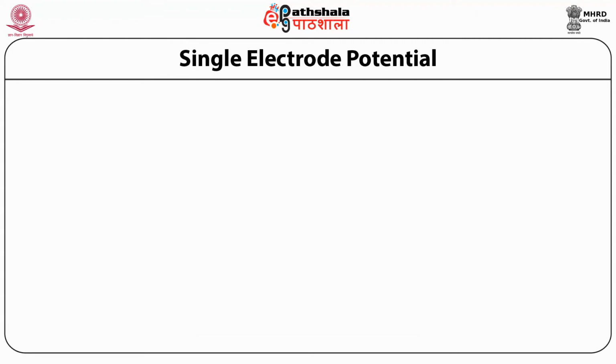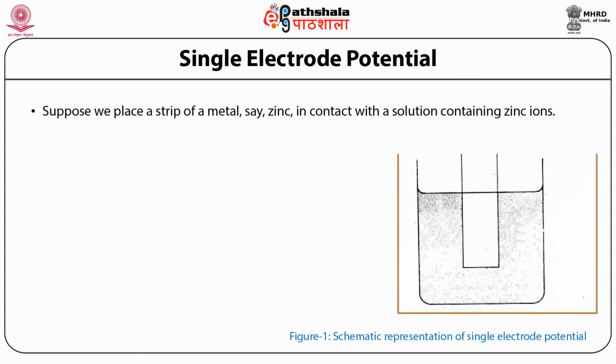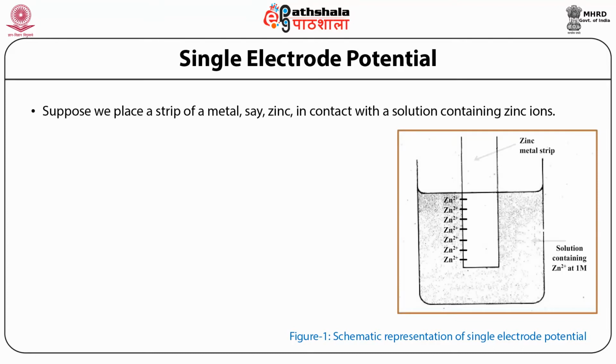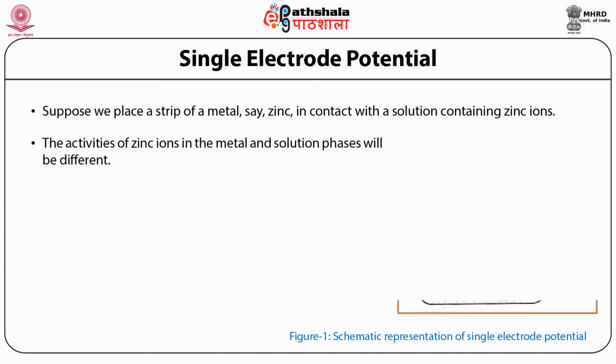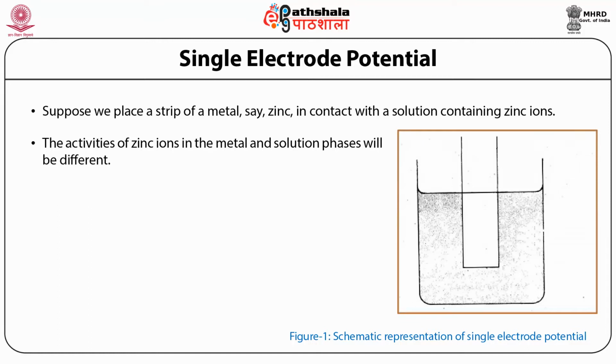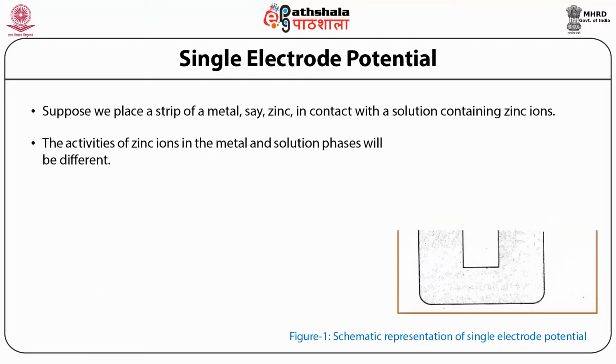Now we discuss the single electrode potential. Suppose we place a strip of a metal, say zinc, in contact with a solution containing zinc ion. In general, the activities of zinc ion in the metal and the solution phases will be different, providing a driving force for the loss or gain of zinc ion by the metal strip.